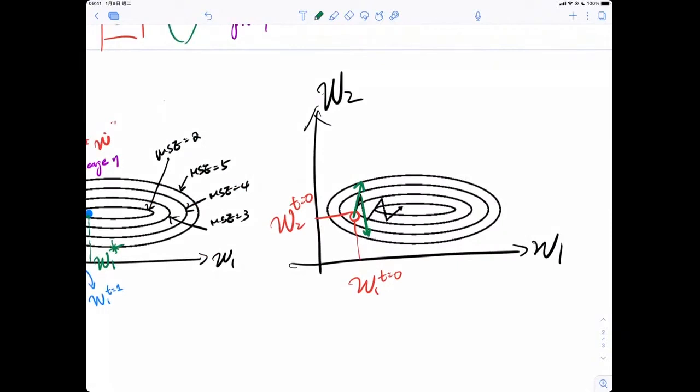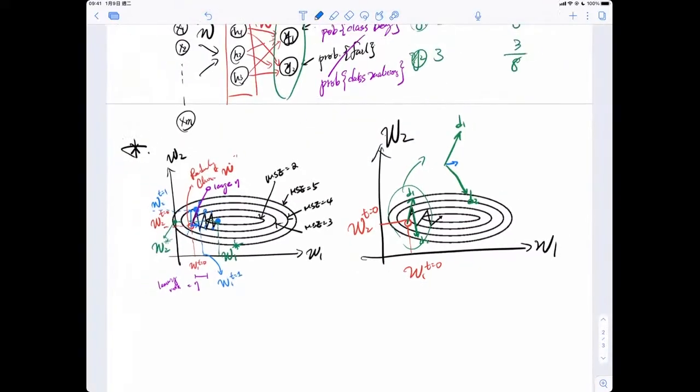For the first direction and the second direction, maybe we can create another concept called momentum, D1 and D2, okay? D1 is the first direction, and the second direction of partial differentiation is D2. And we can see that there is a combined direction right here, and we call it momentum.